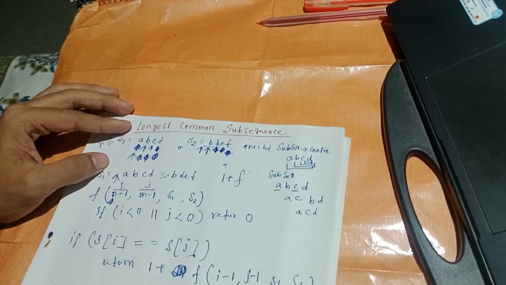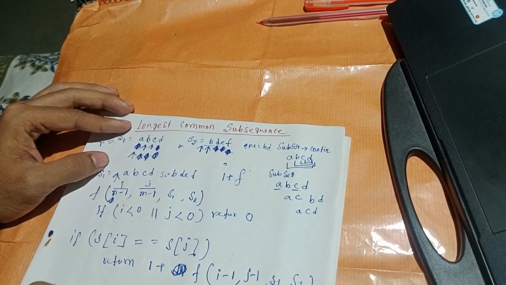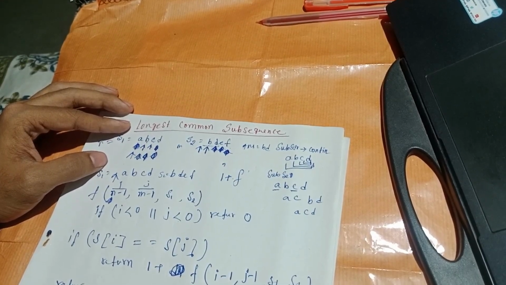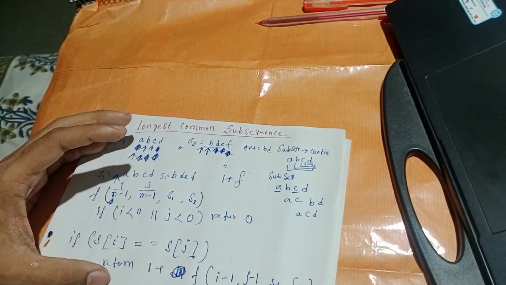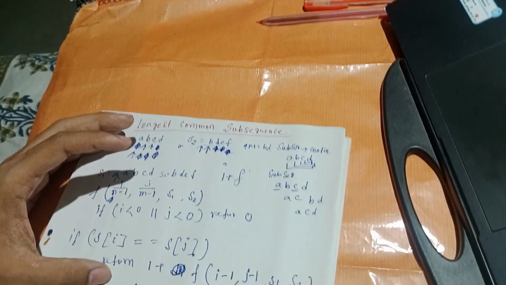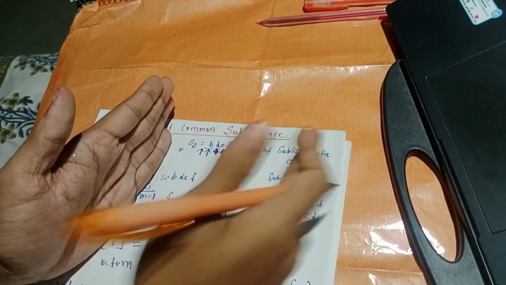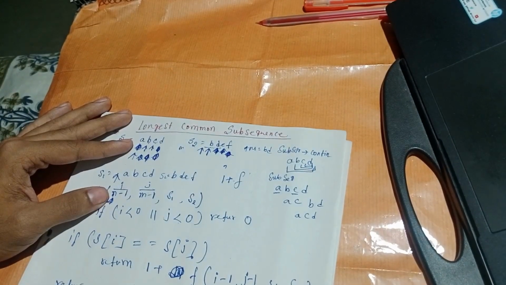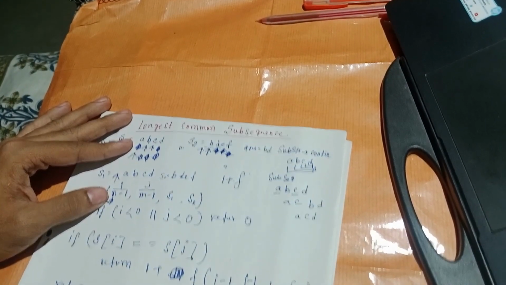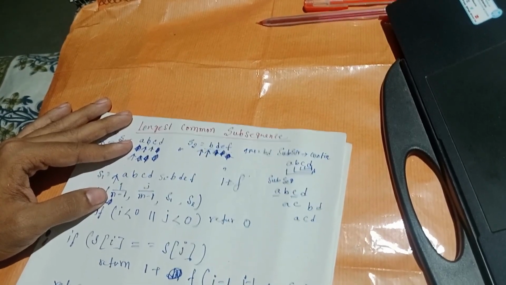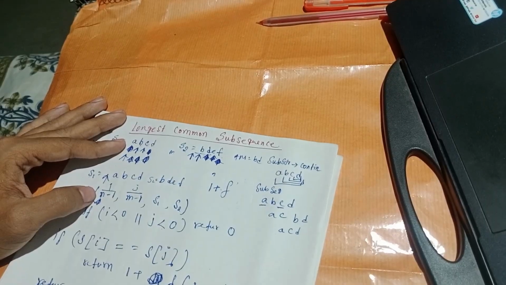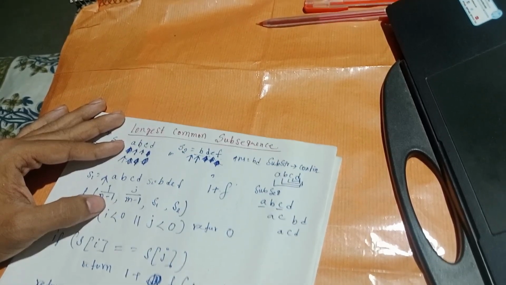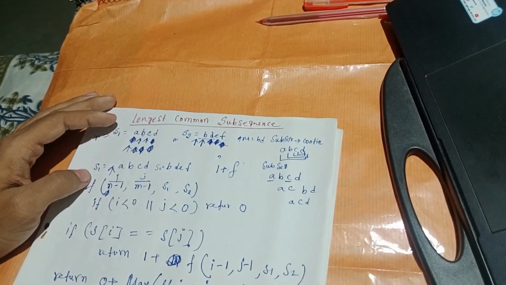So you return the maximum of: function of i minus 1, j constant, string 1 and string 2, and function of i constant, j minus 1, string 1 and string 2. If you use this you find the answer.